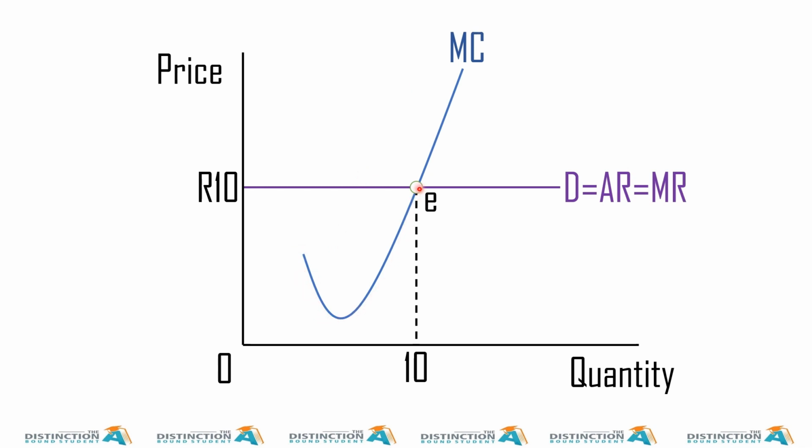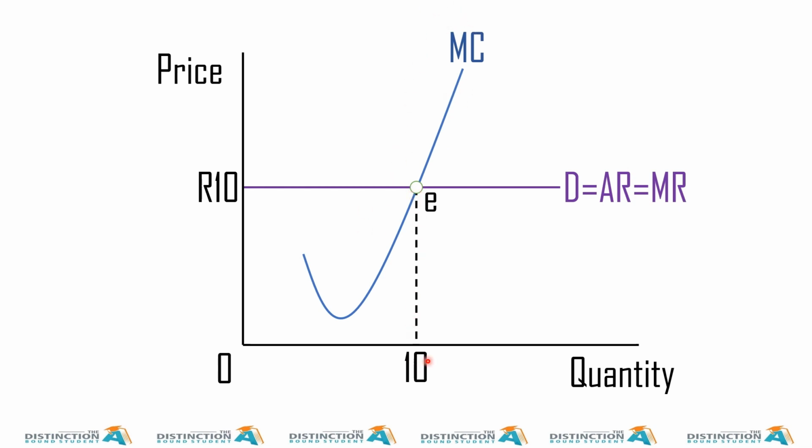All units beyond 10 are not worth producing because their profit will begin to decline. We can't really say they begin to make a loss, because we don't know. You don't mention the word loss or profit if you don't have the average cost curve. Many people make that mistake of saying they will begin to make a loss.